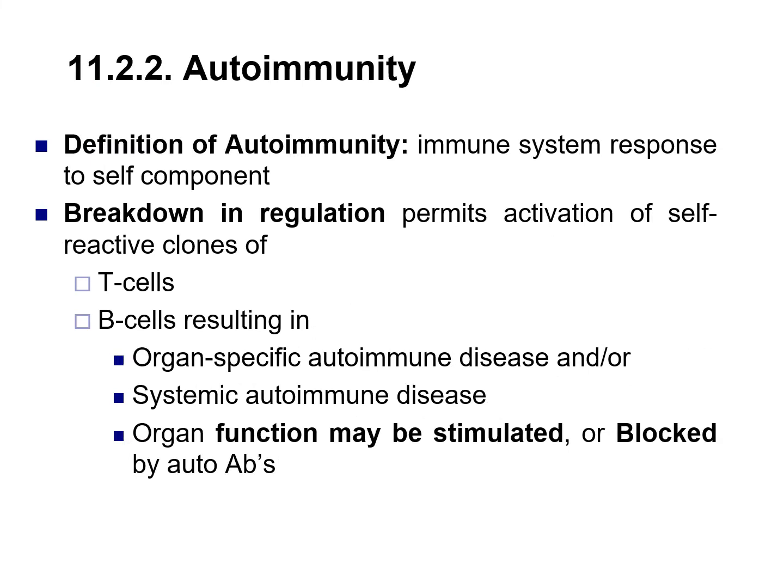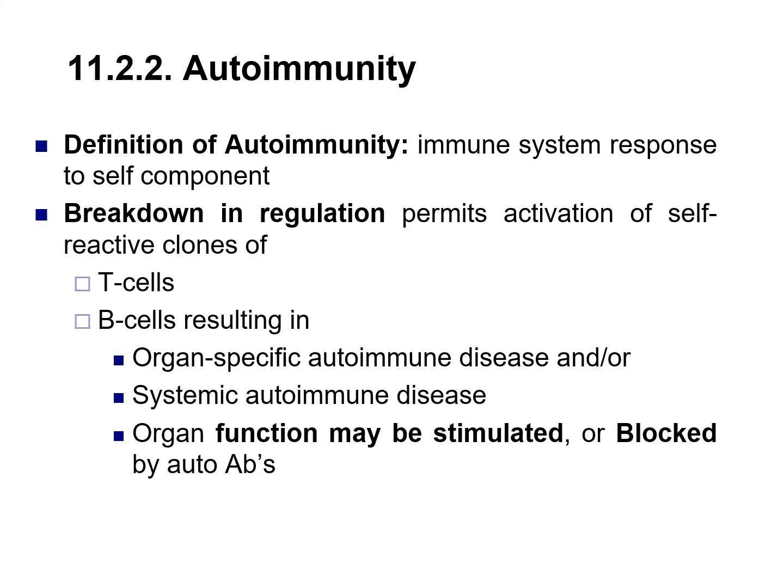So the next concept is autoimmunity. This is when there is a response on the part of the immune system towards the self. So there is a breakdown in regulation and it permits the activation of self-reactive clones, instead of removing those clones that are acting against the self, they will be activated, right?